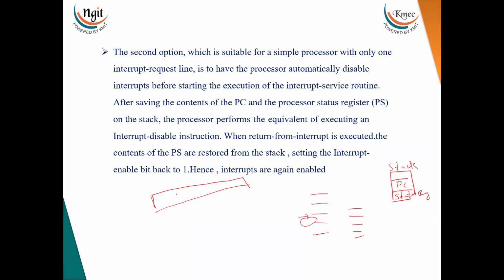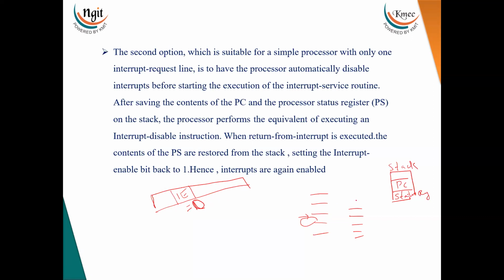So it will show the status of the microprocessor after executing one instruction. Now in this, one of the flags is IE, the interrupt enable flag or interrupt enable bit. By making this interrupt enable bit equal to 1, the microprocessor accepts the interrupt, nothing but enabling the interrupt. If we make this flag 0, then it is nothing but an interrupt disable. So the microprocessor will not accept any interrupts if the IE bit is equal to 0.